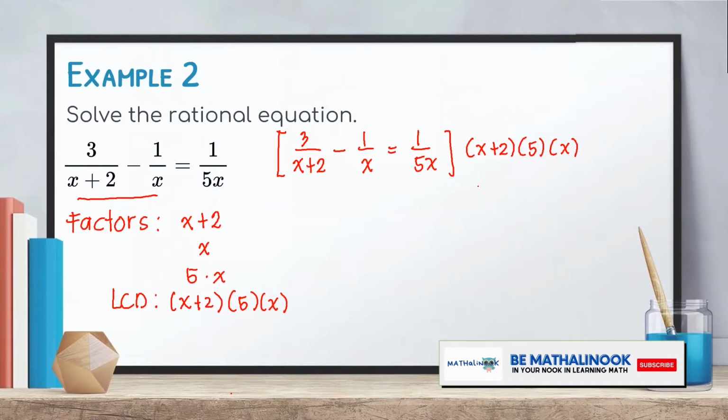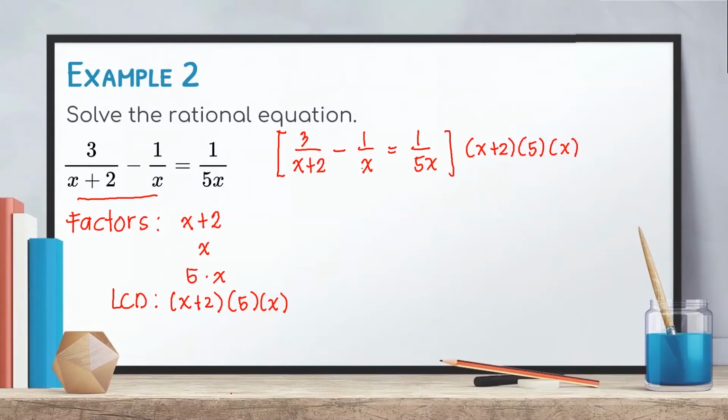In multiplying the LCD to the equation, we will be multiplying it by each rational expression. For example, 3 over x plus 2 times x plus 2 times 5 times x. Notice that the denominator is x plus 2 and it is one of our LCD here. Therefore, we will be canceling x plus 2, leaving us with 3 times 5 times x.